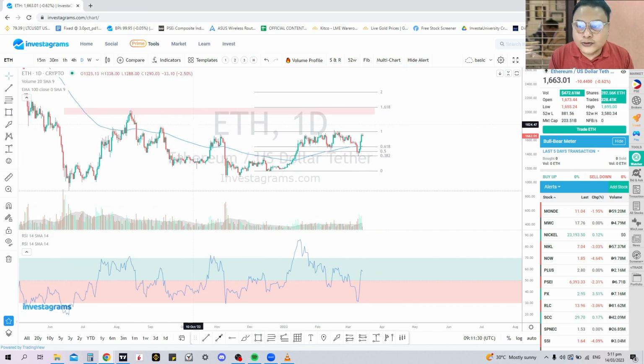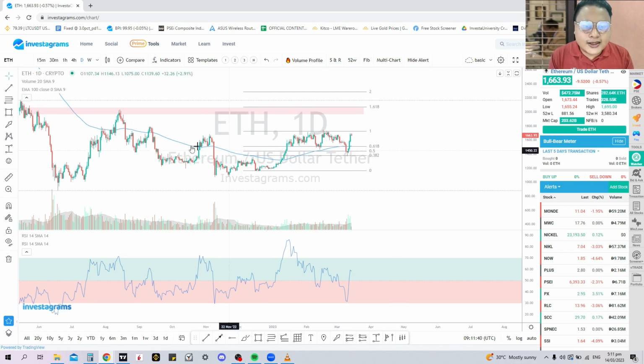So, ano yan? In confluence siya with the structural resistance, no? Na 2,000 USDT. So, pwedeng ganun yung approach mo. Or, pwede rin if mag-resist talaga siya at the 100% level or this structure resistance, pwede mo siyang i-short papuntang 0.5 or papuntang 0.382. Then, doon mo siya i-cover.